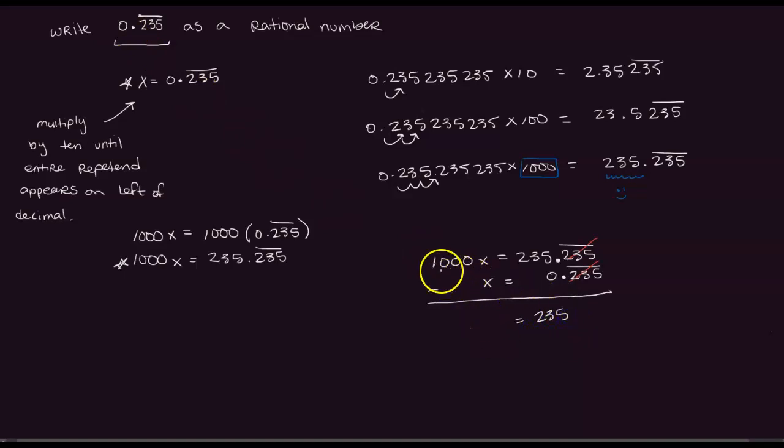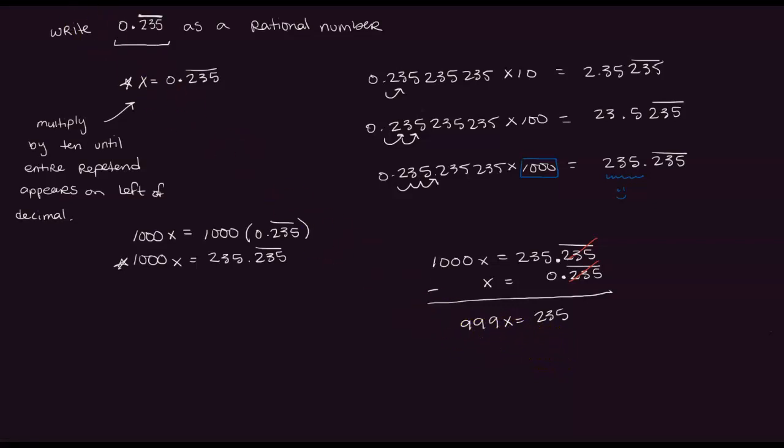And on the left-hand side, 1,000x minus x is 999x. We want to know what x is, so we should divide our equation by 999. That leaves behind just x, so we have x equals 235 divided by 999.